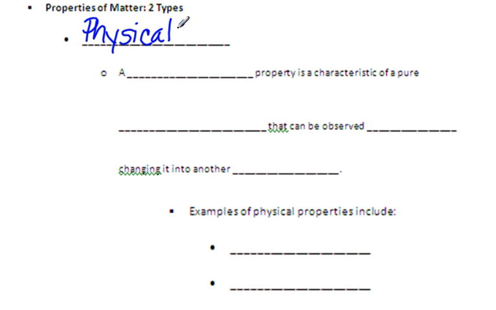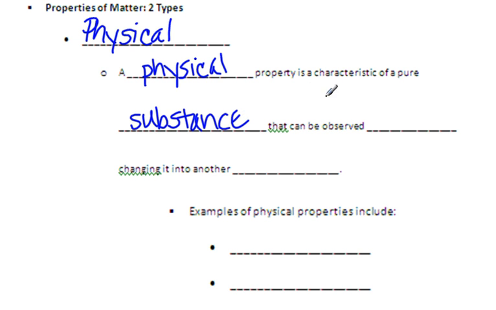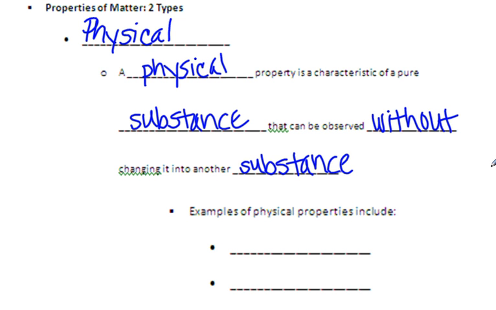So a physical property is a characteristic of a pure substance that can be observed without changing it into another substance.